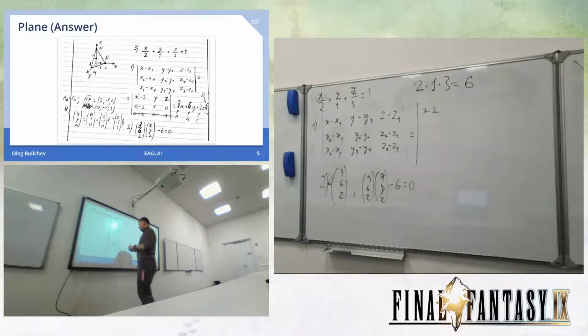After this, we need to find two vectors on this plane. MP, in my case, 2, minus 1, 0. So I just took P, M, and found the vector, and put it there. We can check that it works.